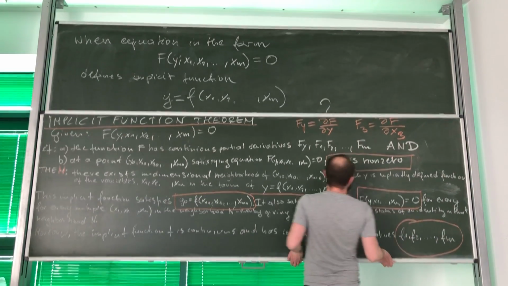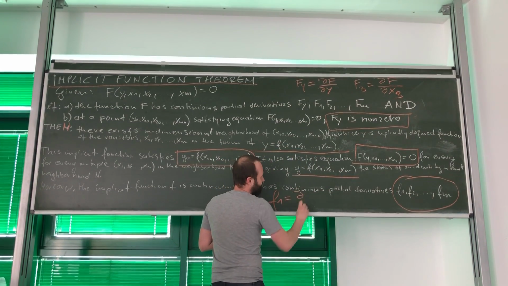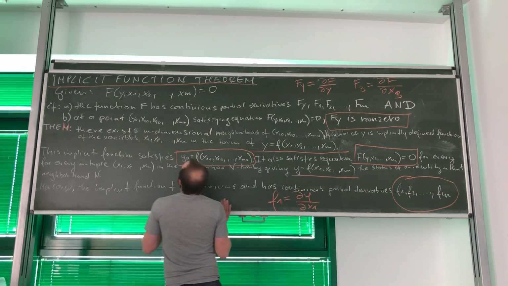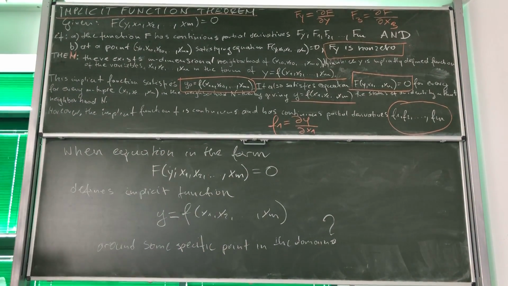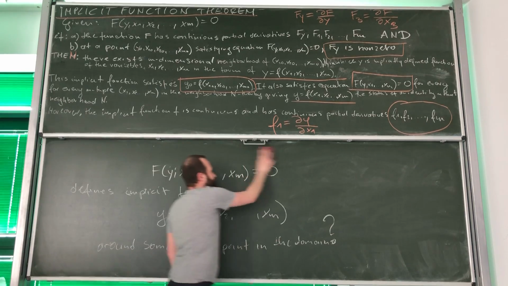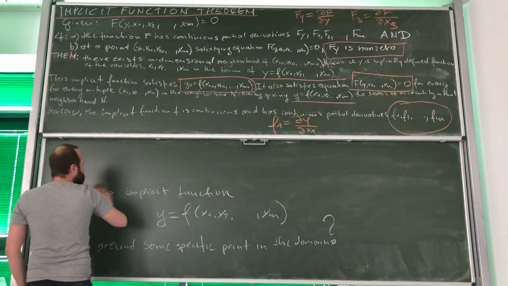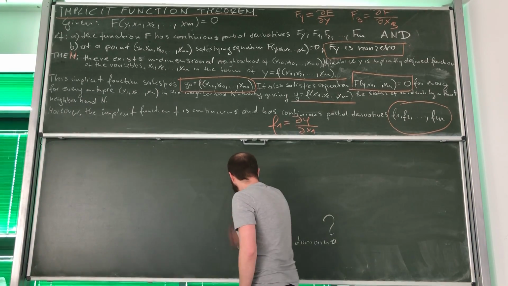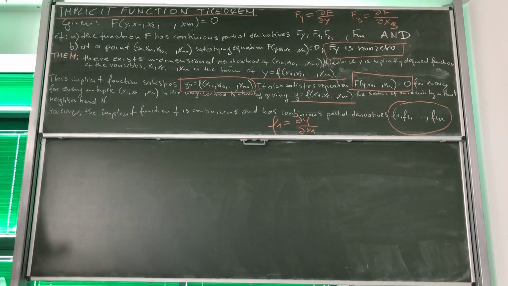So our f1 from here is the partial derivative of y with respect to x1. Now that we know when this implicit function is defined, we can start thinking about calculating derivatives of the implicit function. So let's move to that.